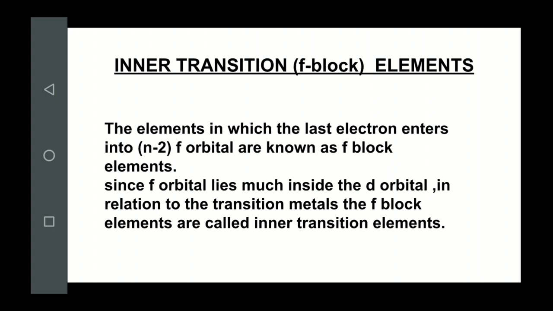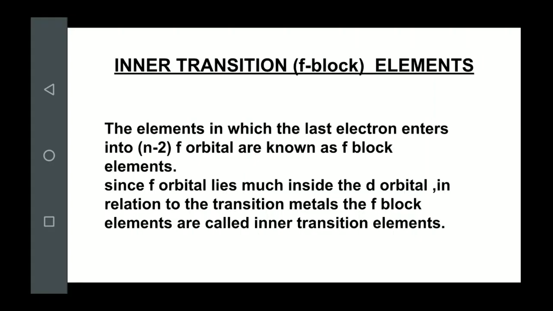Now these f block elements are called inner transition elements. Why do we call them inner transition elements? Because these f block elements lie within the series of the transition series, that is the d block elements.